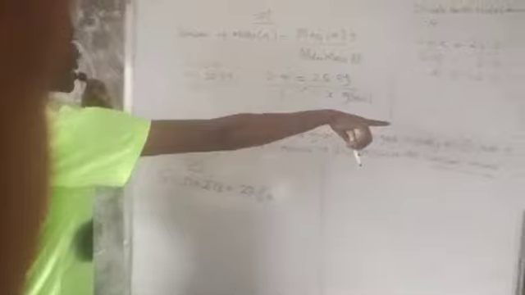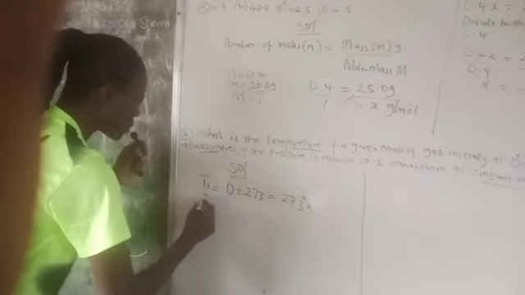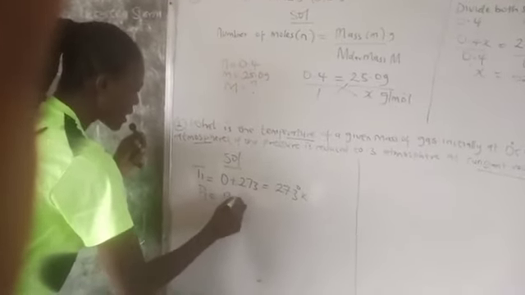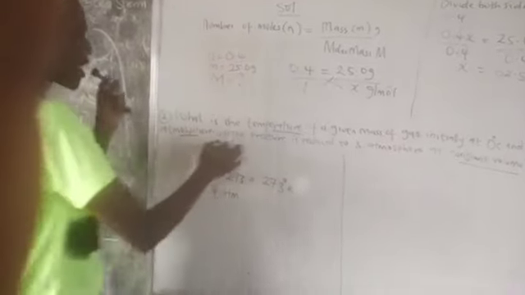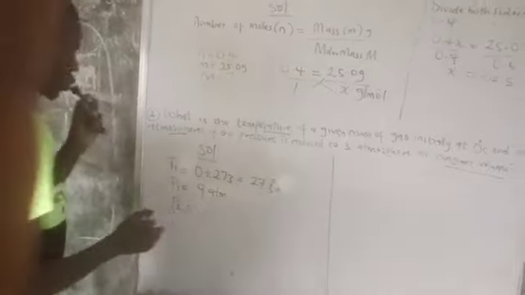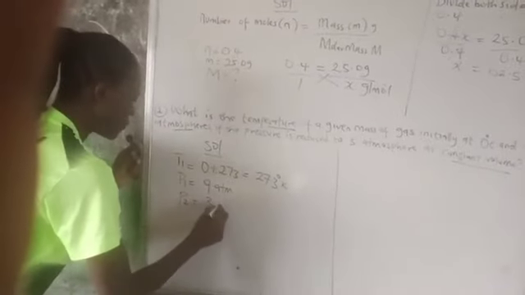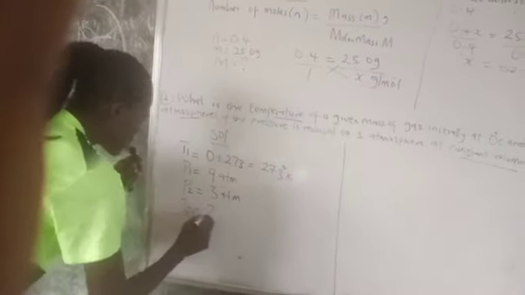From the question again, 9 atmosphere is our P1, which is 9 atm. The pressure is reduced to 3 atmosphere, that's P2 equals 3 atm, and we are looking for our temperature, that's T2. So T2 was not given.